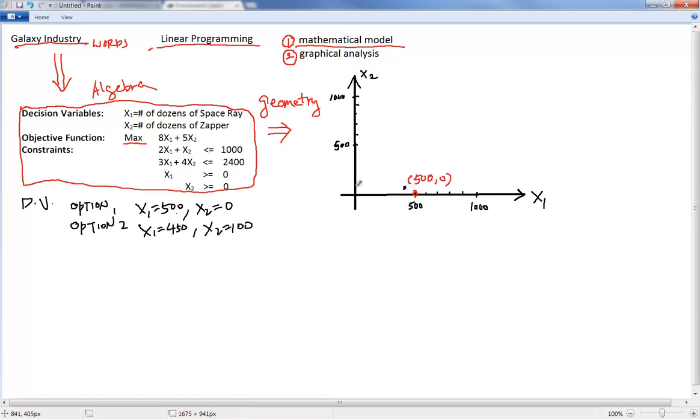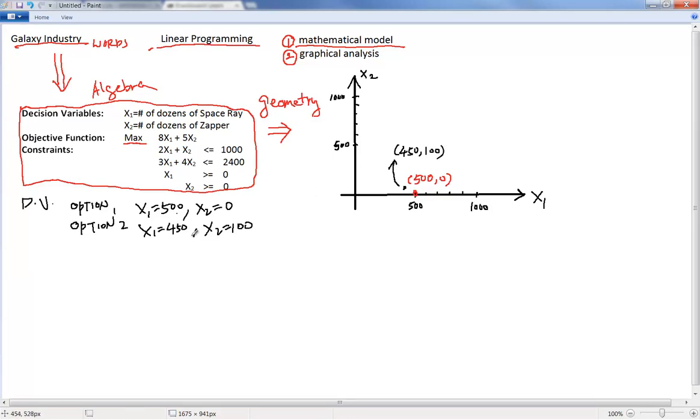Again, here we don't need to worry about being drawn to scale. So this point, the coordinate will be 450, 100.